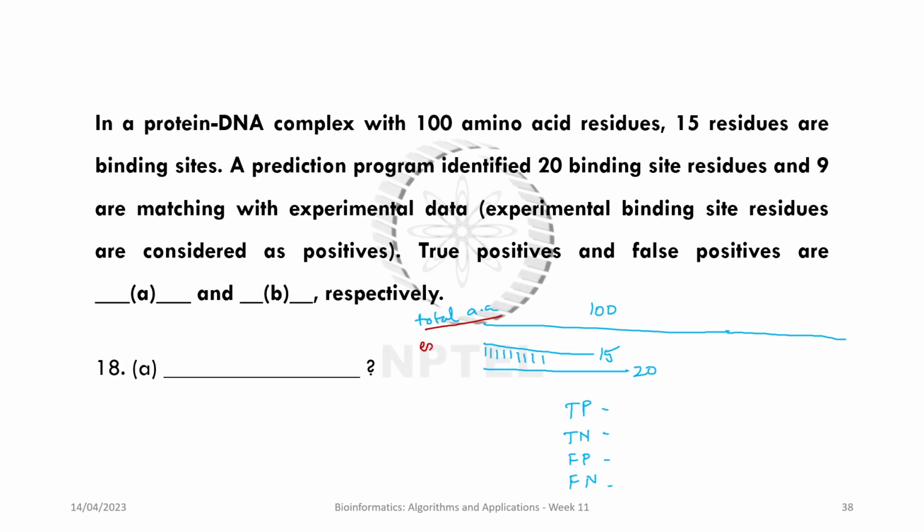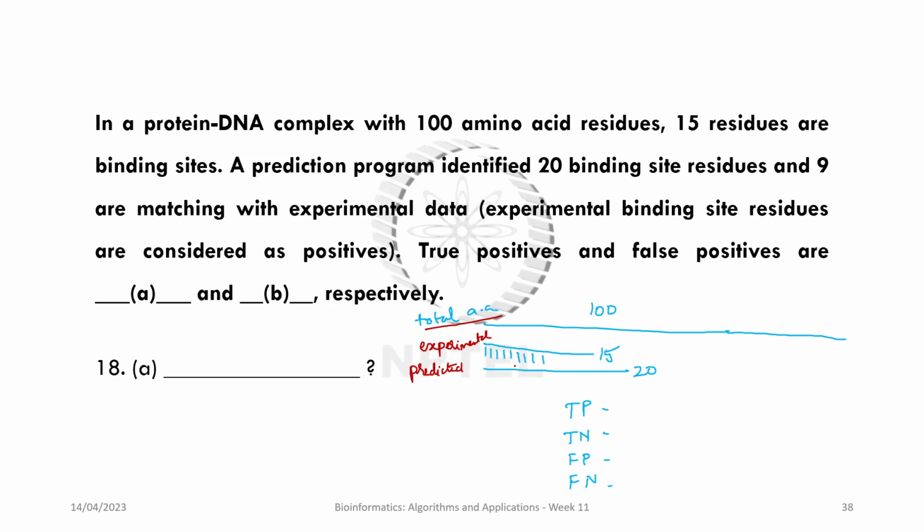So let us take that this is experimental. Okay. Experimental identified positives are 15. And a prediction program identifies 20, thank you, Amardeep, as positives.